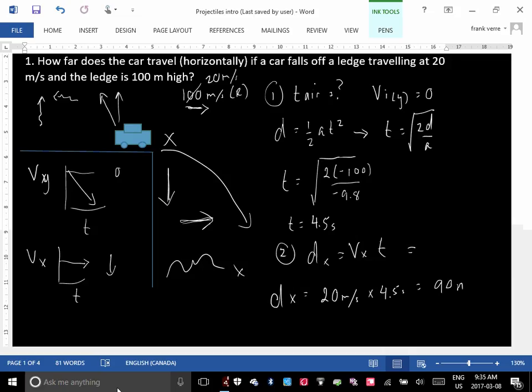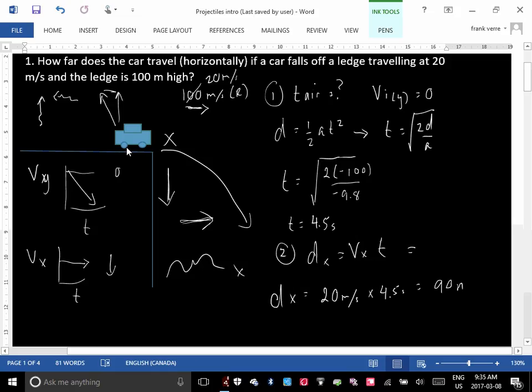No, the currents, remember the X and Y are independent, right? So the current and the example with the swimmer are independent of one another. You end up swimming at an angle, but if I was to ask you how long the swimmer takes to move vertically, that vertical component is constant.